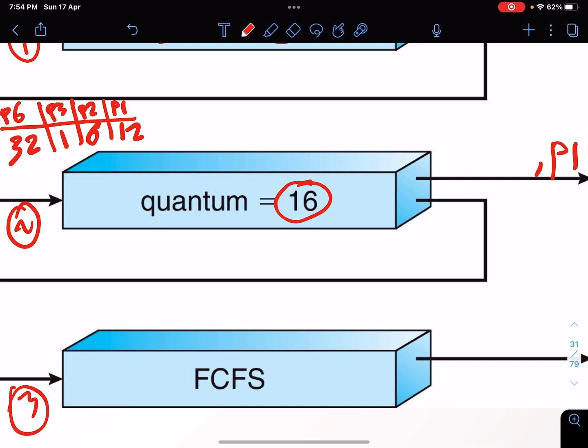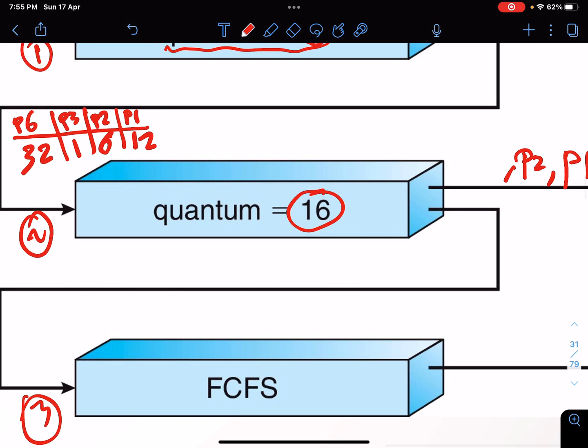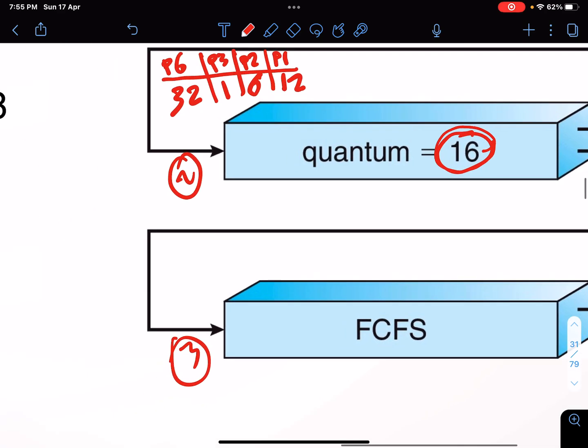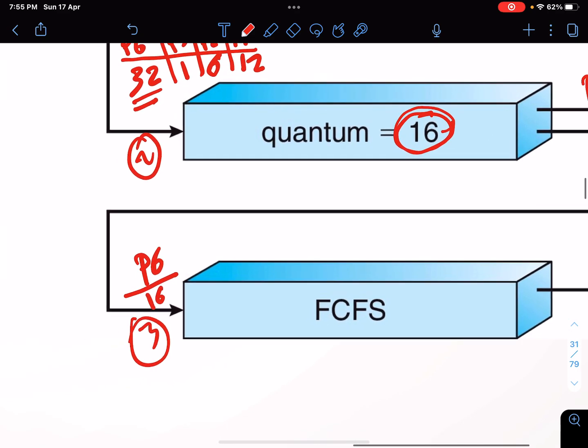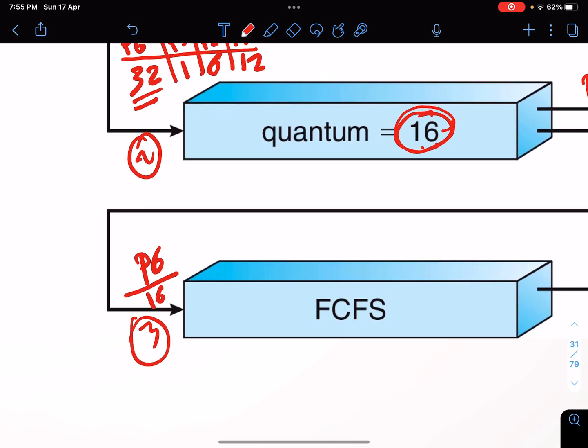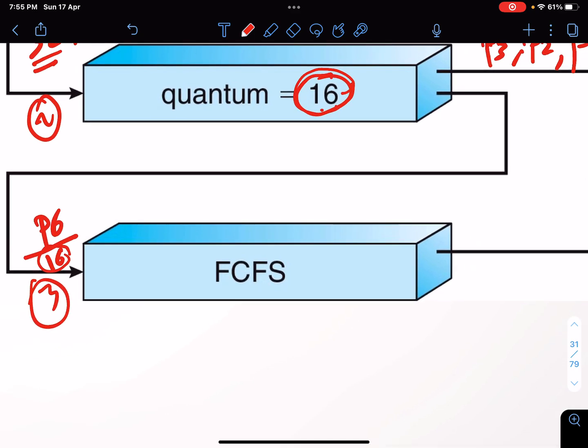P2 will leave. P3 will leave because it's just 1 and the quantum is 16. P6 will work with the 16 and go here with another 16. Why? Because it was 32 and the quantum is 16. 32 minus 16, the remaining is 16. Here it goes to the last level.